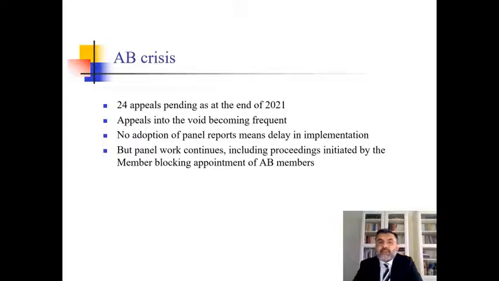But what is interesting, and what in my view is actually very good, is the fact that despite this appellate body crisis, WTO members, including the United States, continue bringing cases to panels, which you could argue shows that WTO members continue to trust the dispute settlement system.